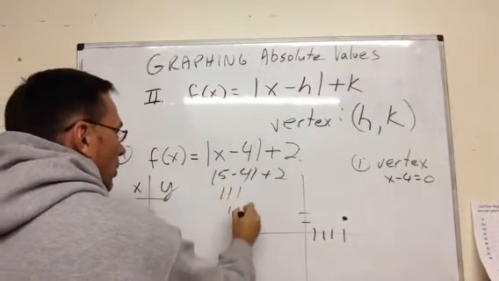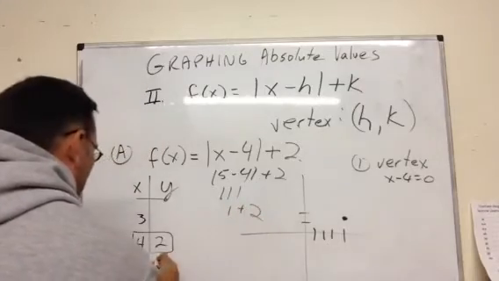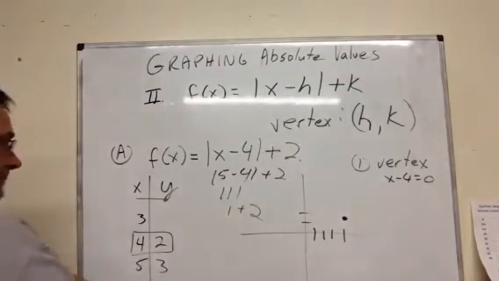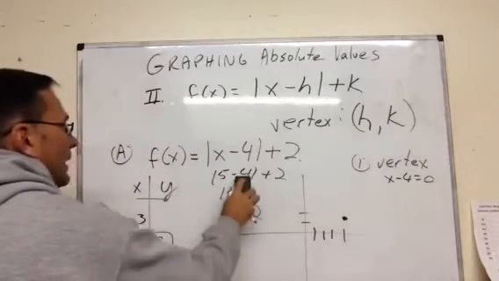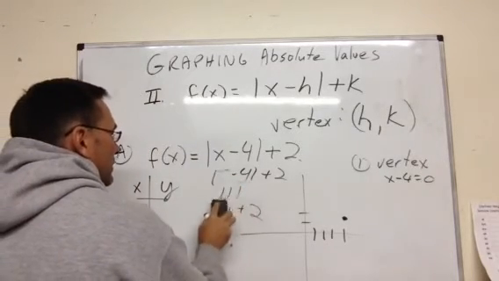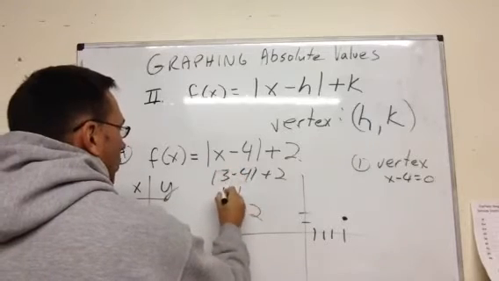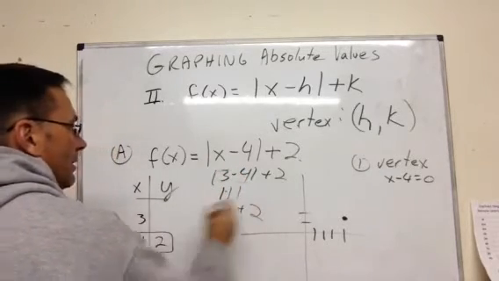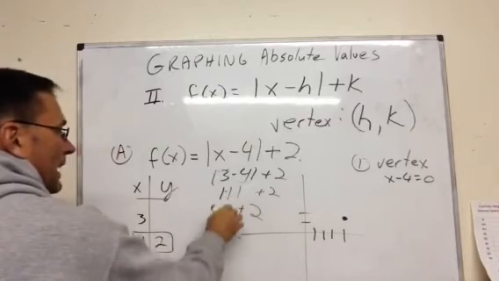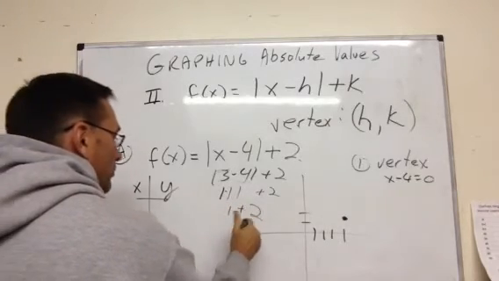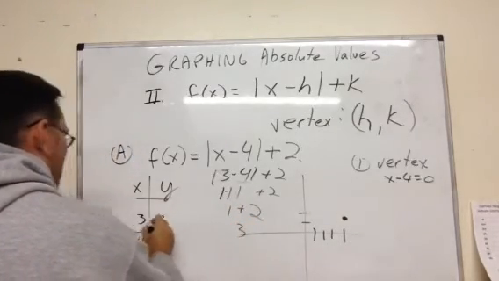Absolute value of 1 is 1. And 1 plus 2 is 3. Now if I plug in 3, 3 minus 4 is negative 1. The absolute value of negative 1 is positive 1. 1 plus 2 is 3.